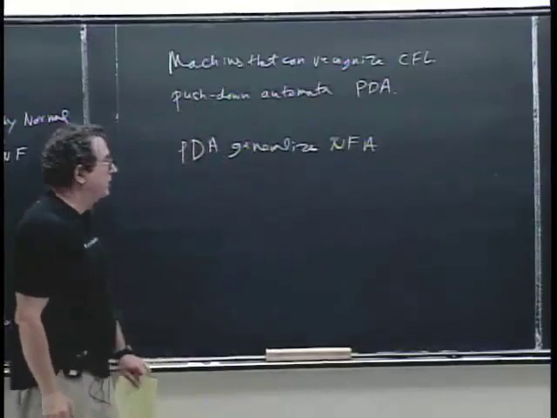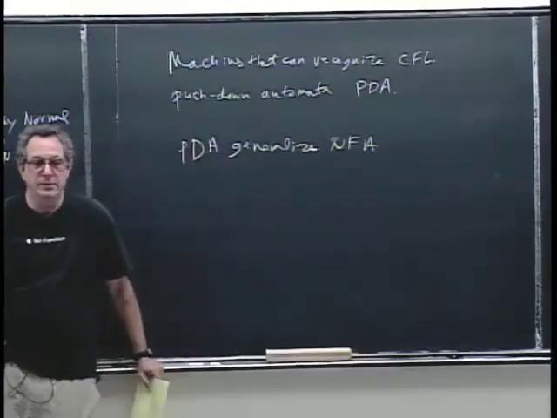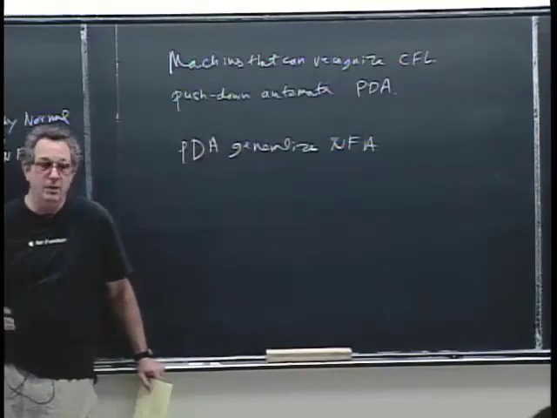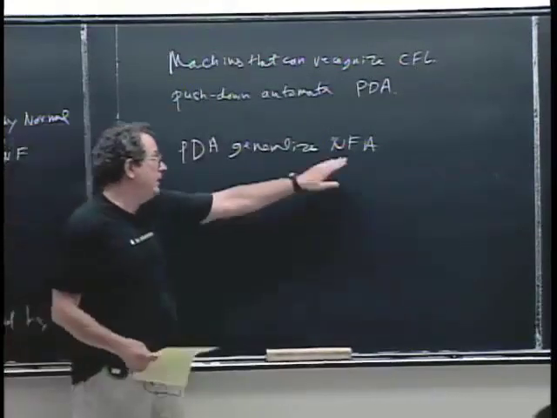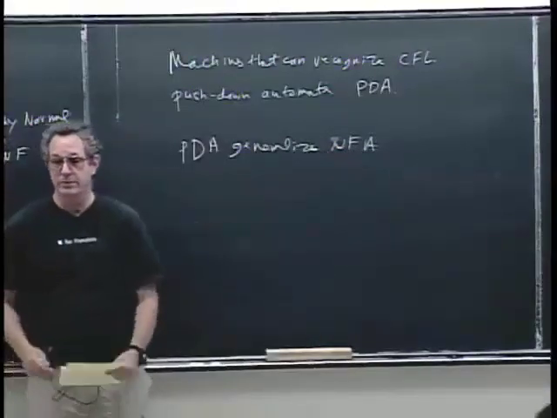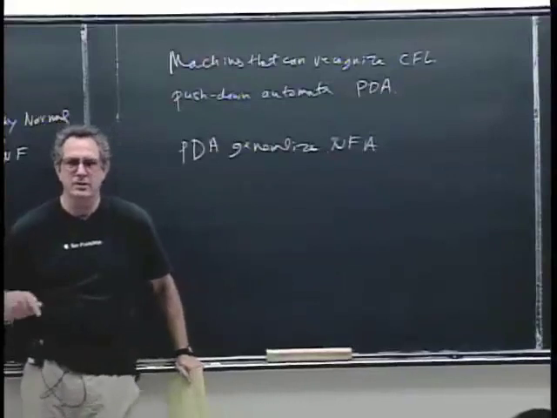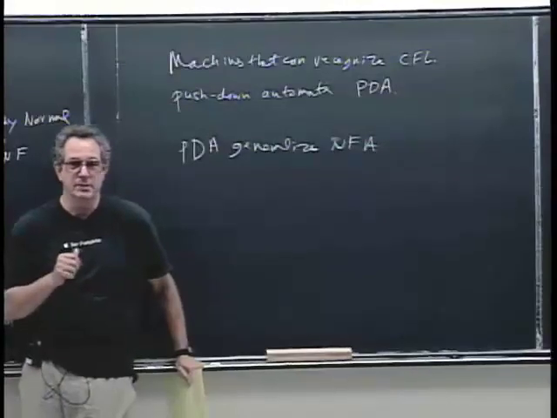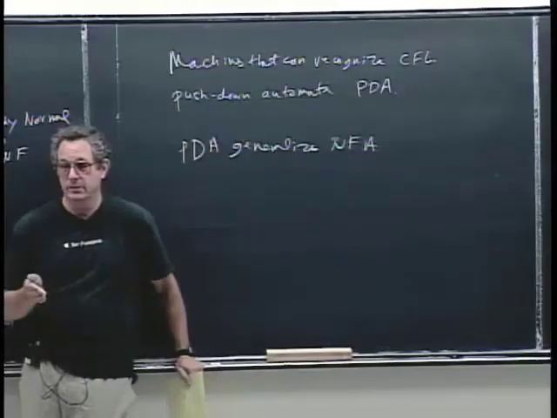And in particular, it has to have something extra, right? Because we already know that NFAs cannot accept, for example, the language 0^n 1^n. 0^n 1^n is not regular.